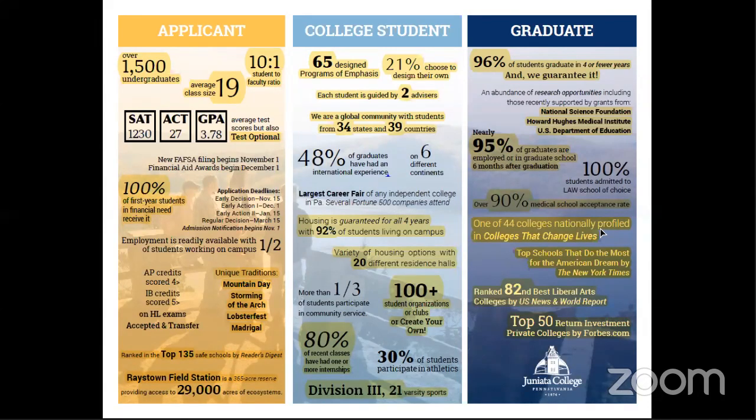We have also been mentioned as one of the top 50 colleges that gives maximum value or returns on investment. US News has ranked us 82nd as the best liberal arts college in the US. This rank has been increasing. Last year we were 87th, this year we are 82nd. So a lot of honorable mentions for Juniata College in this area.